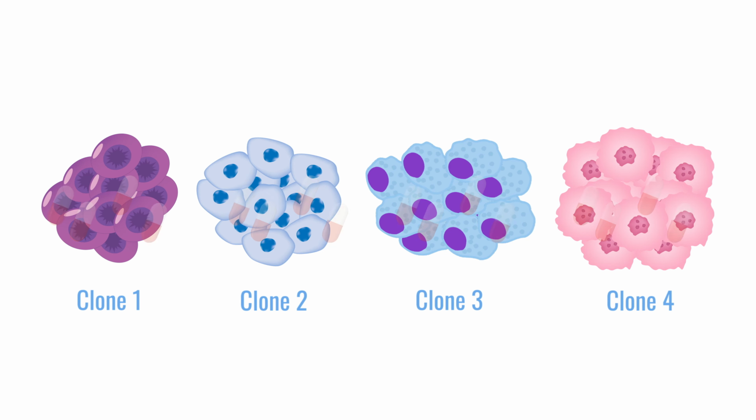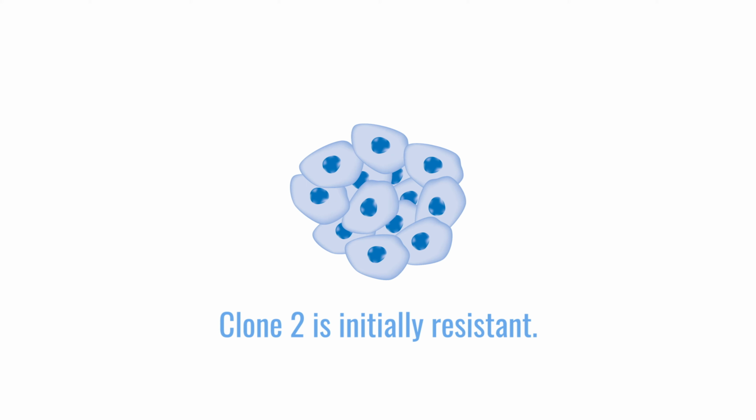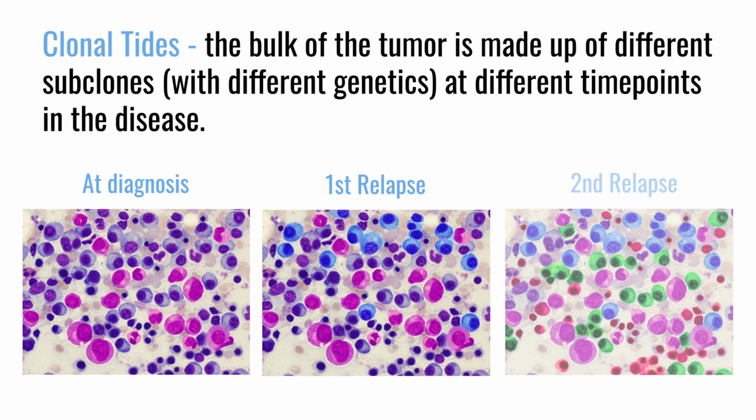When there are maybe 4 clones, one clone could dominate at one time of the disease and be resistant, but when relapse comes, it could be another clone that's dominant, and that may be sensitive to that treatment. And the people at Mayo invoked the term clonal tides to describe this, where the bulk of the tumor is made up of a different genetic constitution at different parts in the disease process.